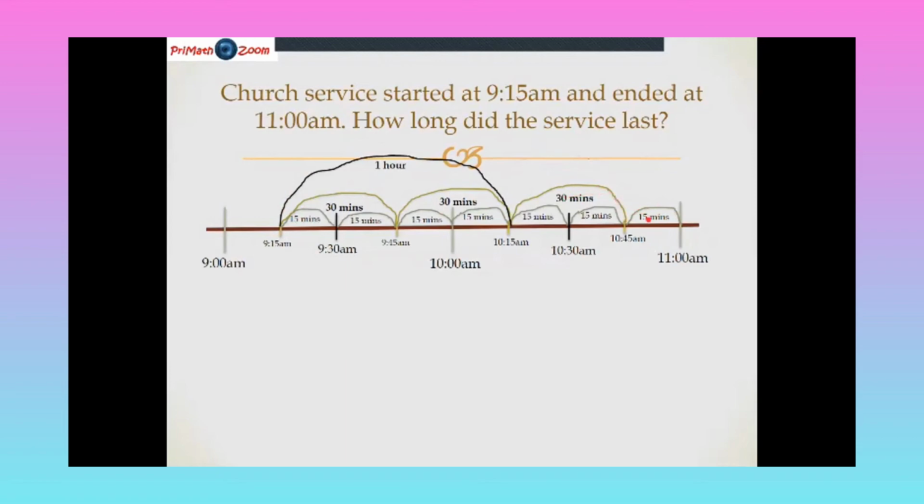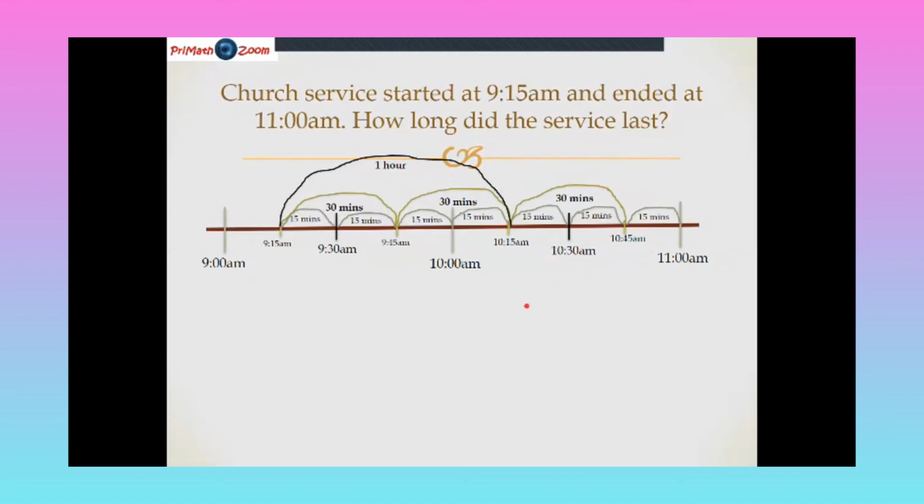When we add 30 minutes plus 15 minutes, what do we get? Go ahead and work it out. Right, we get 45 minutes. So here we can say that the service lasts for 1 hour and 45 minutes.